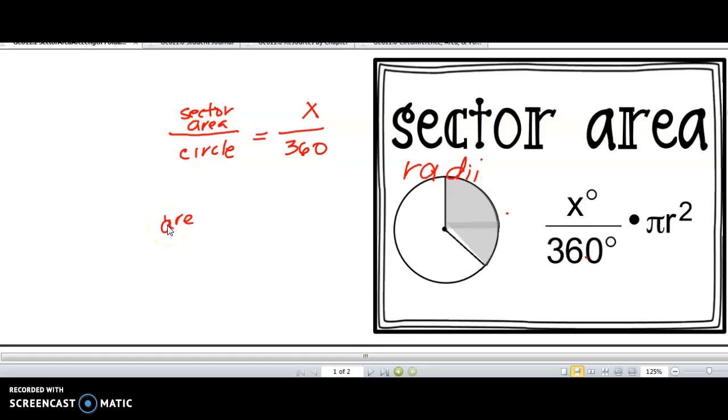So area of a sector divided by the area of a circle, which is pi r squared, is proportional to x over 360. If we multiply both sides by pi r squared, we will come up with this formula over here, which we can use to find the area of a certain sector of a circle.